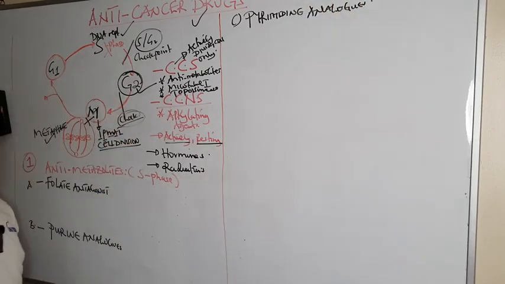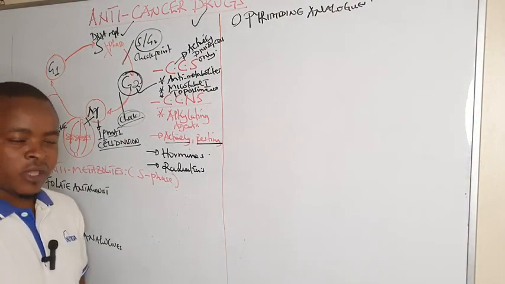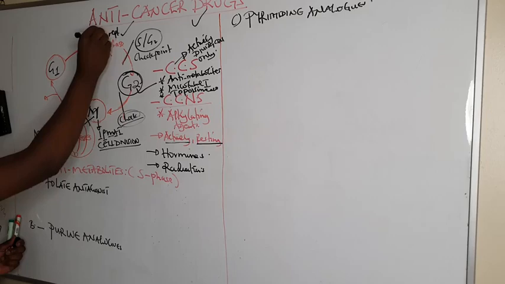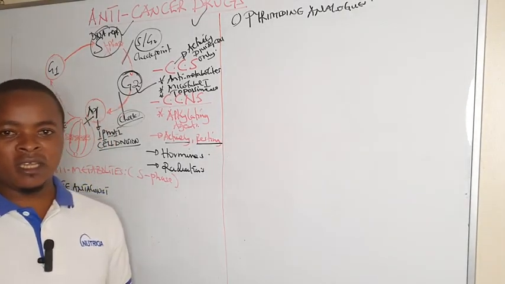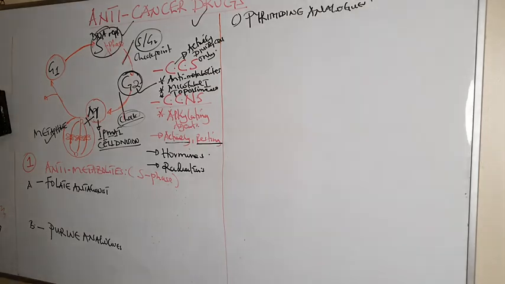So these are all antimetabolites which are utilized to inhibit the synthetic phase of the cell cycle, so that we don't form many copies of the DNA and RNA, which can cause uncontrollable cell division.